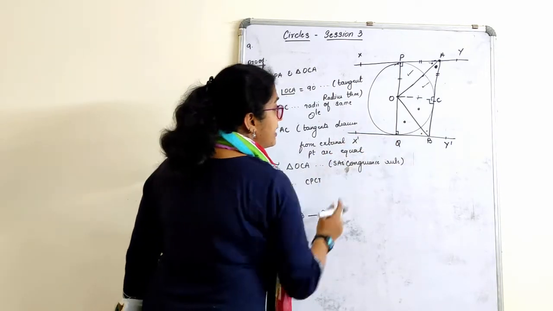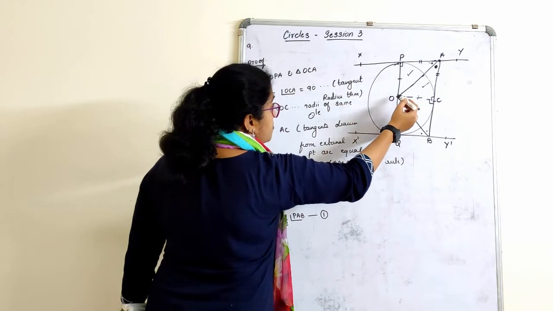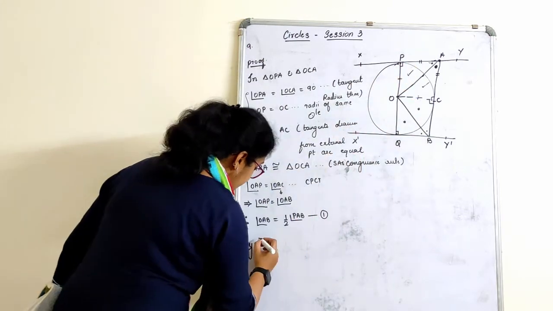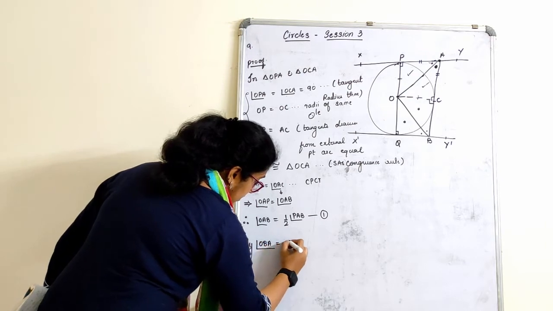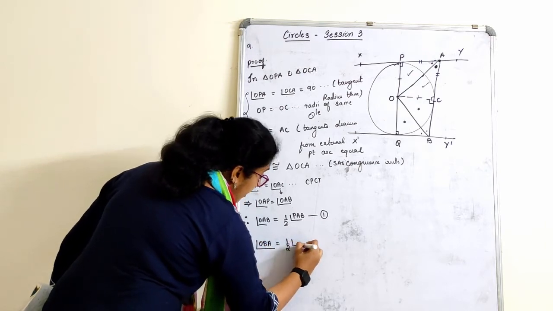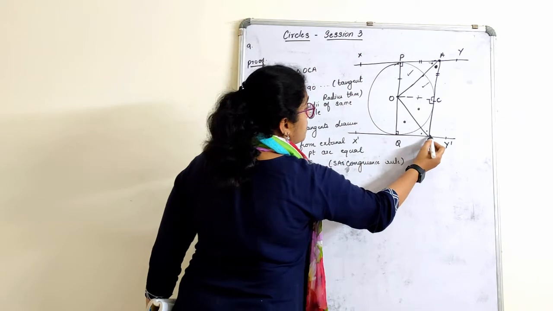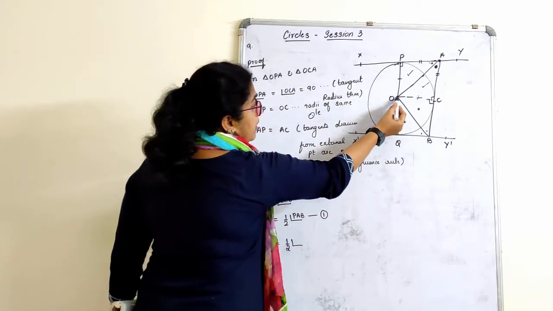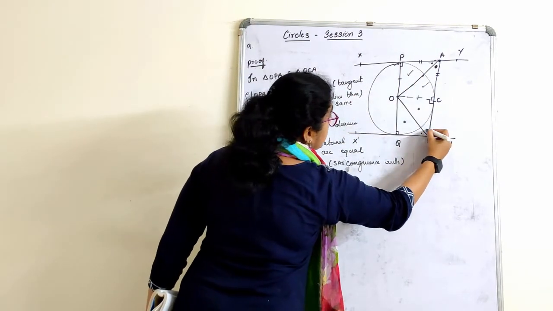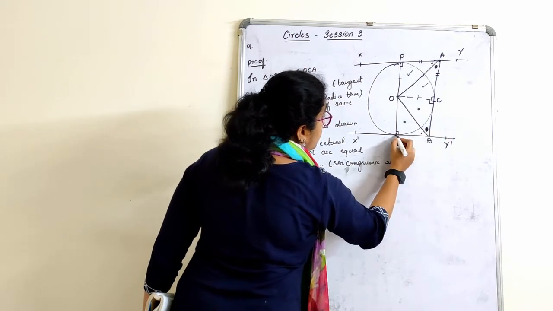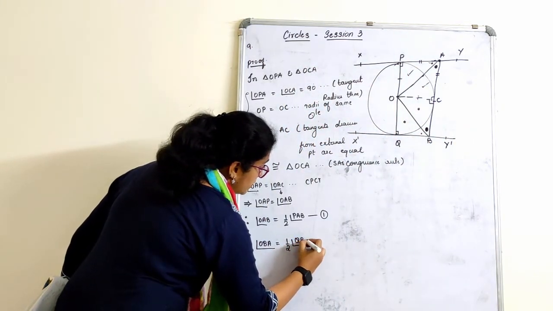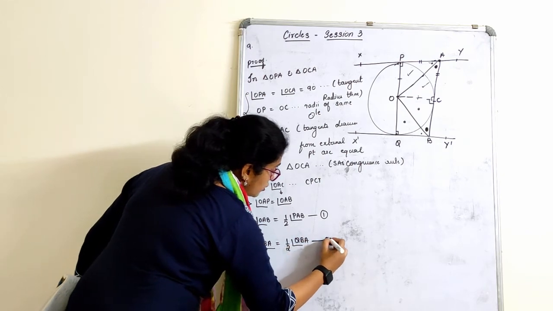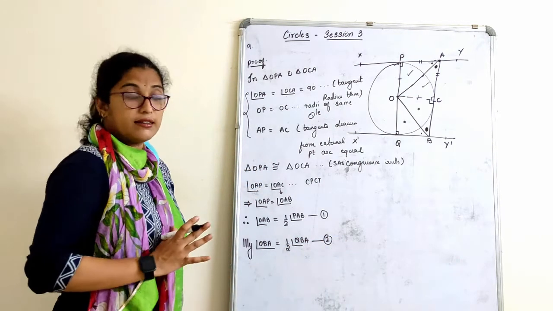So simply, I will write similarly angle OBA is equal to half angle QBA. Angle OBA, this angle I am talking about now, is half angle QBA. Equation 2. It's very clear till here.